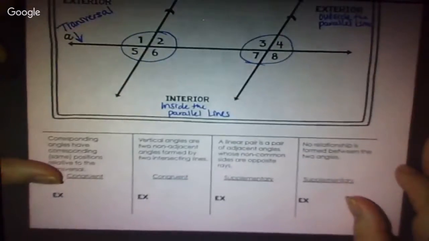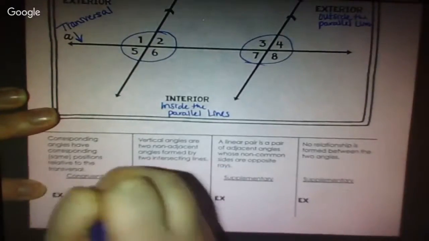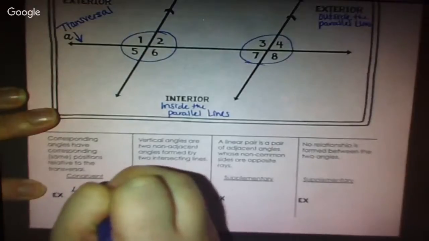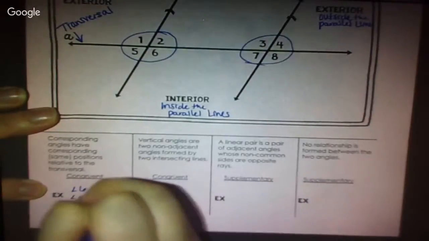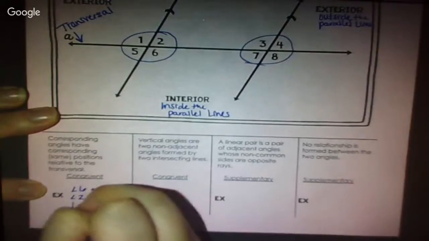So it'd be like 6 and 8. Yes, you are smart. Brandon said like 6 and 8. Or 2 and 4. 1 and 3.